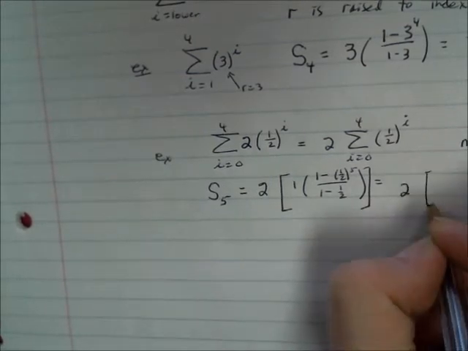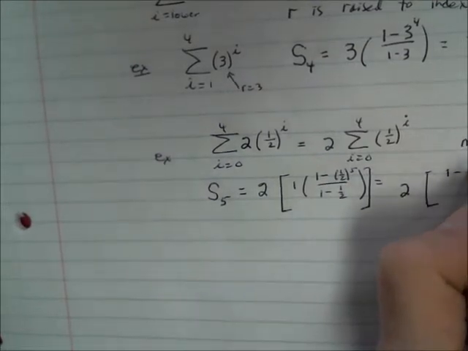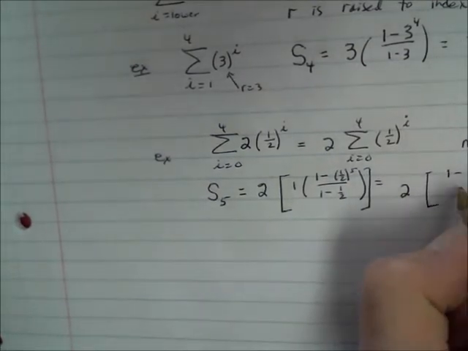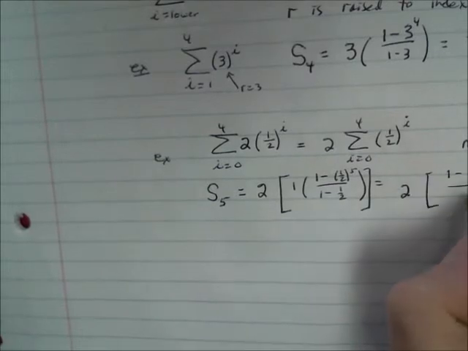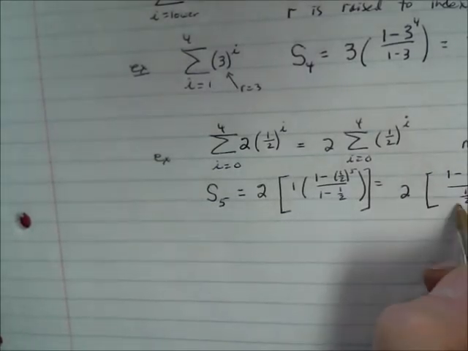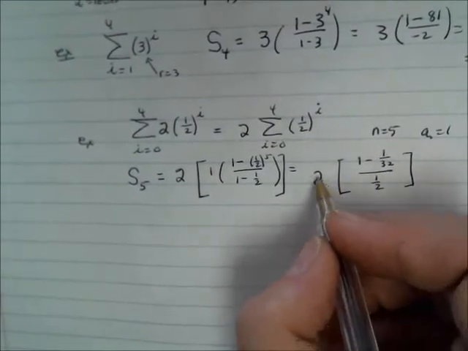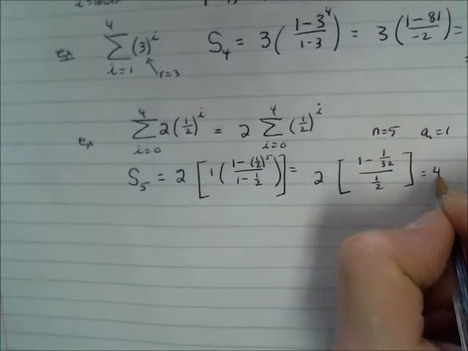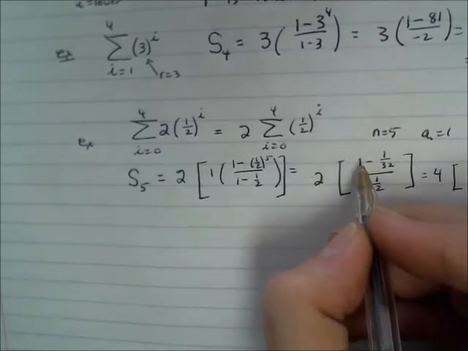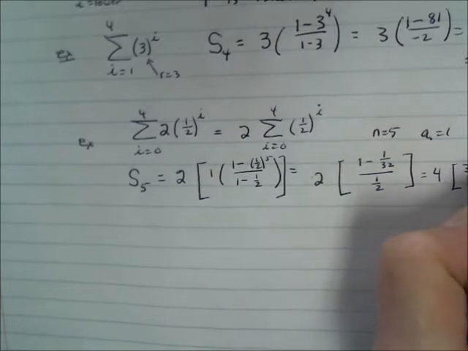Which is 2 times 1 minus 1/2 to the 5th, which is 1 minus 1/32, and 1 minus 1/2 is 1/2. And when you're dividing by 1/2, it's the same thing as multiplying by 2. So this is 2 times 2, which is 4, and 32 over 32 minus 1 over 32 is 31 over 32.